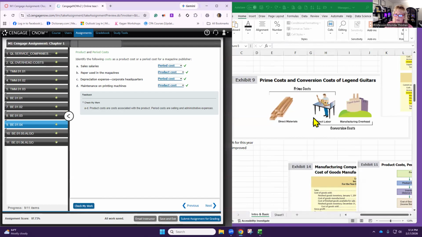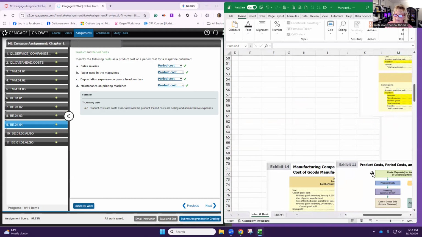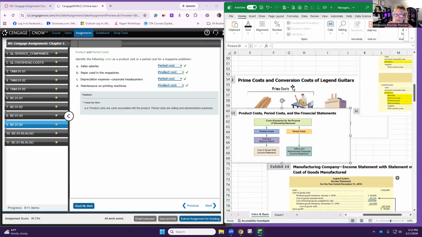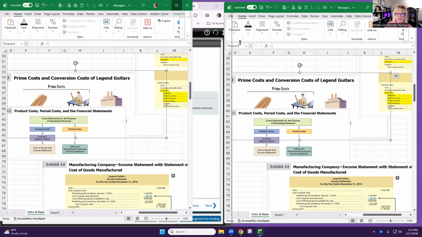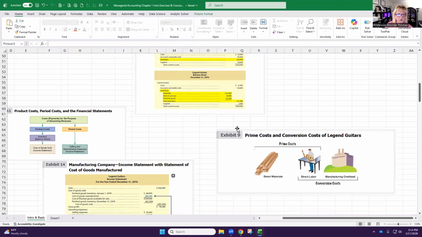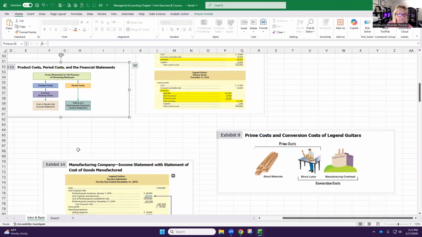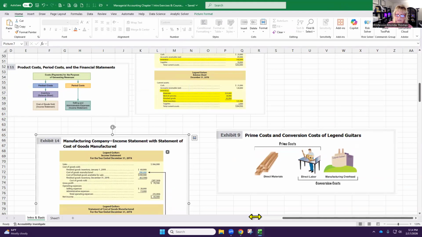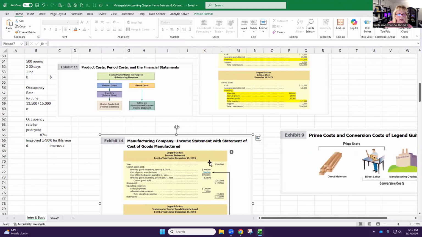Now we're going to divide them up into product and period costs. Here is a pretty good picture.